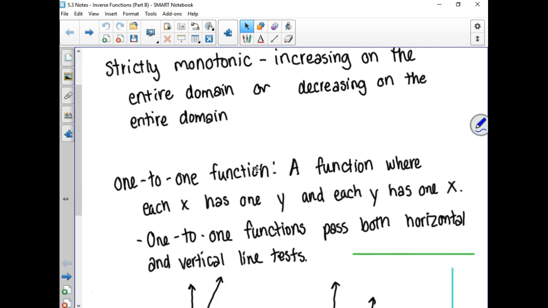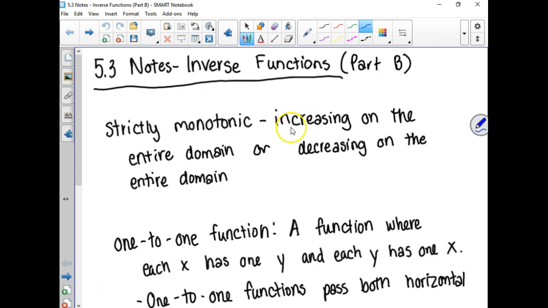What we're going to be concerned with here is what we call a one-to-one function. Have you guys heard one-to-one function before? So when we learned about functions, we learned that you can have a function, and it will be a function as long as its x's do not repeat, right?